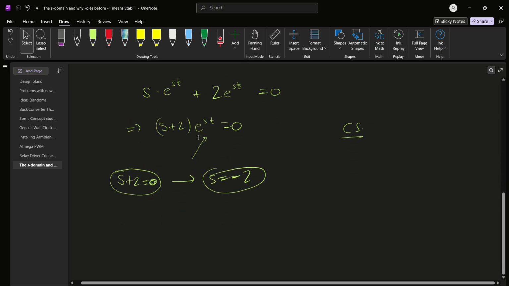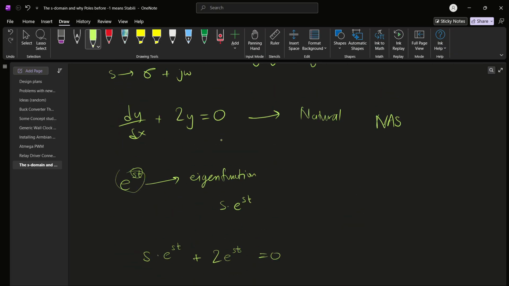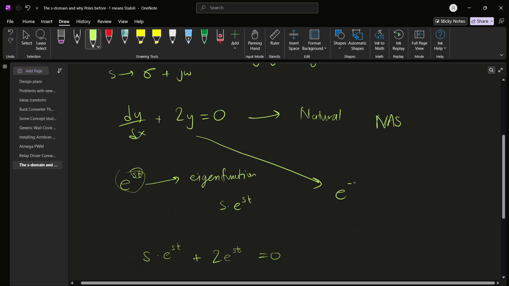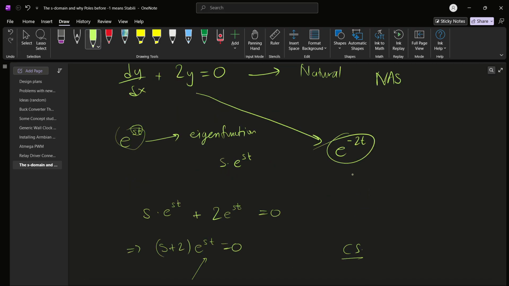And what does this mean? Our solution of this particular equation is nothing but e raised to minus 2t. So this particular expression will give us how our system will behave for various values of t starting from the origin. So it will be a decaying exponential, obviously.